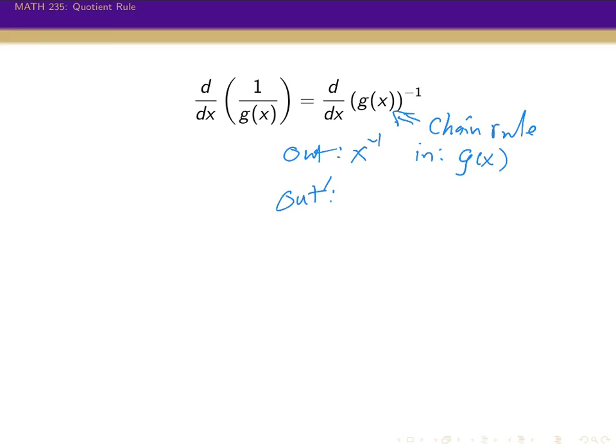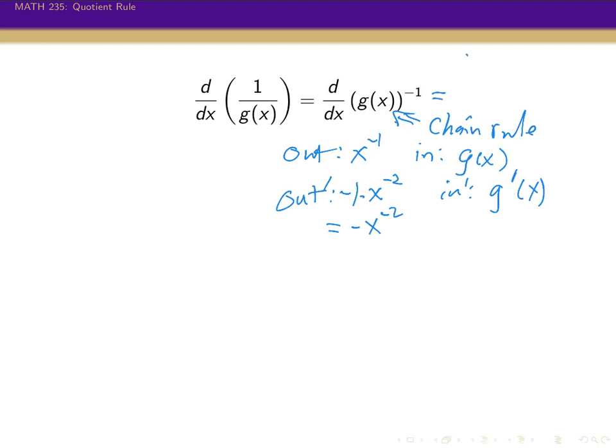The minus 1 comes down, and then we reduce the power by 1, so it would be minus 1 times x to the minus 2, which is just a fancy way of writing minus x to the minus 2. And for the derivative of the inside, since the inside is g of x, its derivative is g prime. Okay, and so now we can apply the chain rule here.